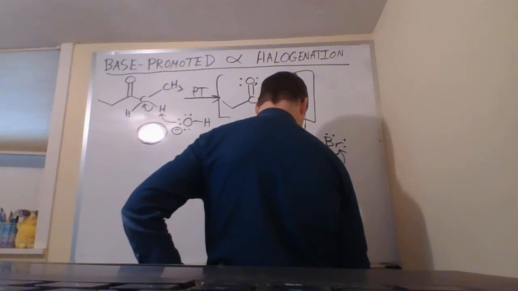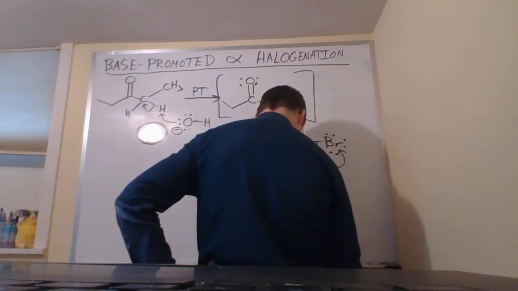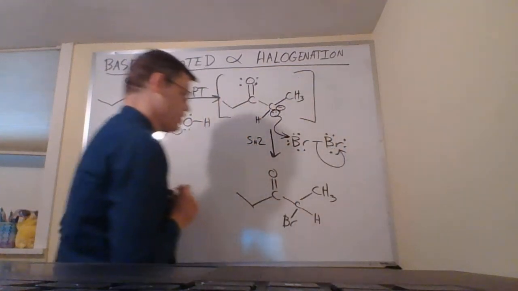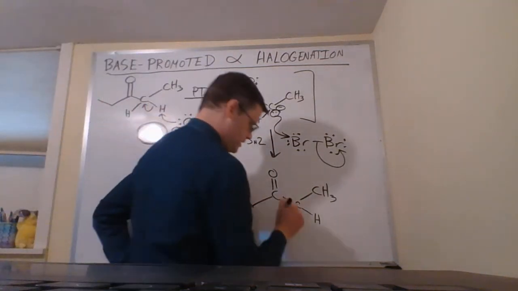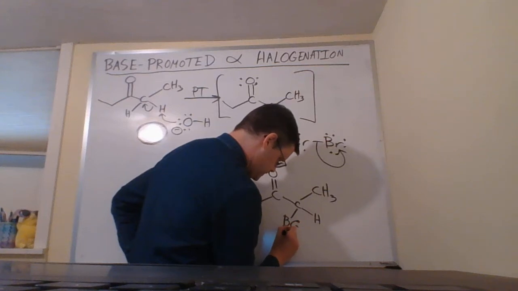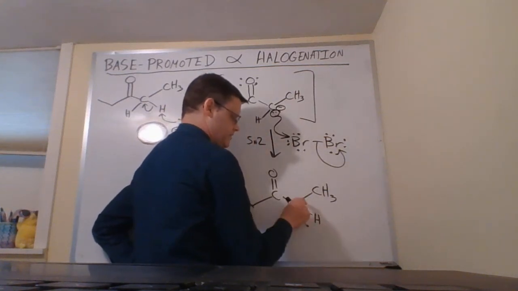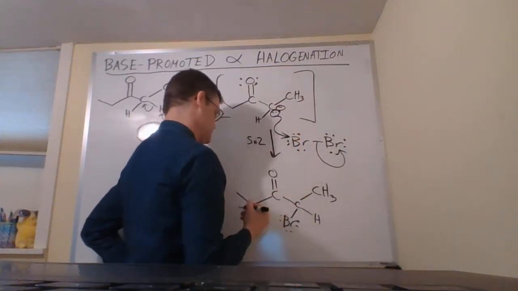And this gives us an alpha brominated ketone. Now, this reaction usually doesn't stop here, because now with this bromine here, this hydrogen has become even more acidic, because if we have a negative charge here, it can be stabilized by a bromine, which withdraws electron density.